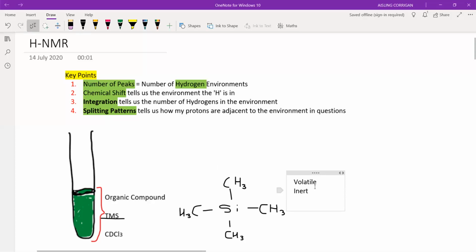What other reasons could you put? Well, it's non-toxic, self-explanatory. You won't die or have something very bad happen to you when you use it. Another good reason is that this has carbons and hydrogens, and depending on what they ask you, they might say HNMR, they might say CNMR, or they might say both. Well, the carbons and the hydrogens are in the same environment, or experience the same environment.